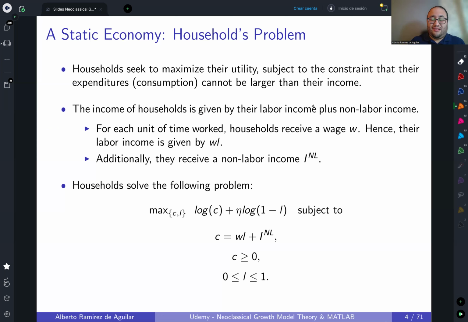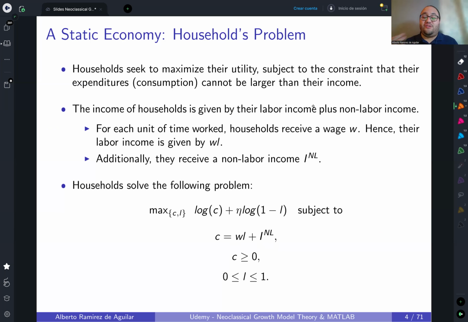Okay. So in particular, this means that the household cannot choose neither the wage they're paid nor their non-labor income. So these are things that the household takes as given, or another way of interpreting this is the household understands that they cannot influence these values.